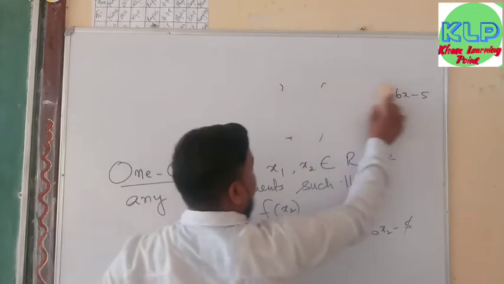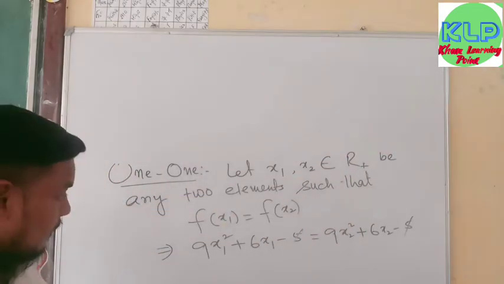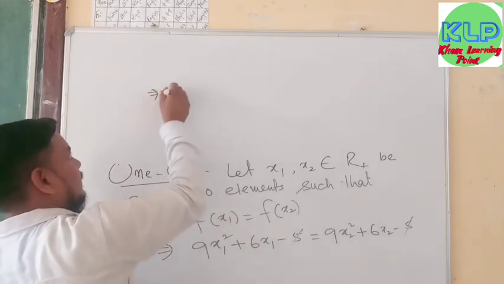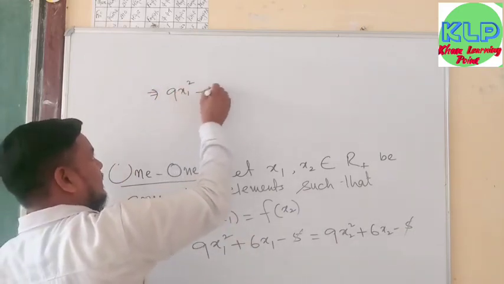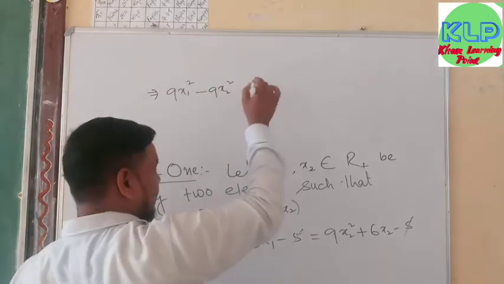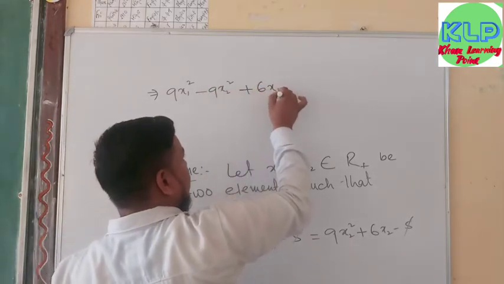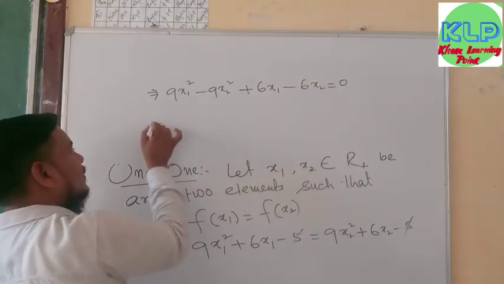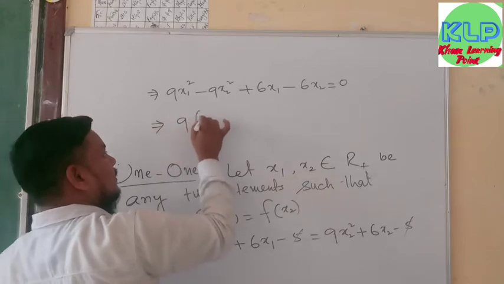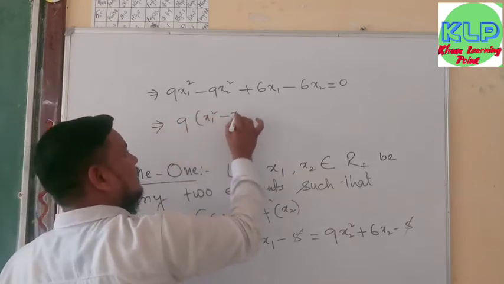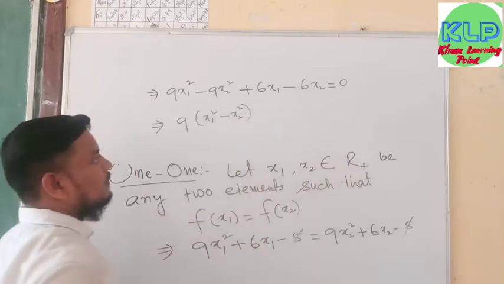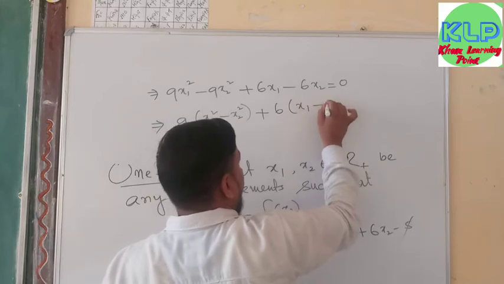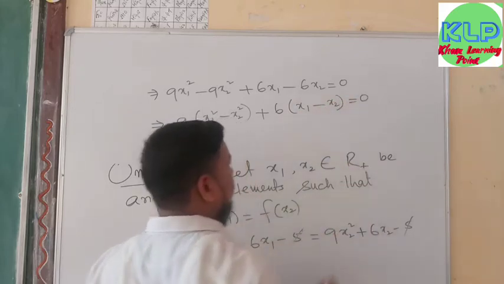So just transfer the right hand side to left hand side. 9x1 square minus 9x2 square plus 6x1 minus 6x2 equal to 0. 9 is common, x1 square minus x2 square plus 6 is common, x1 minus x2 equal to 0.